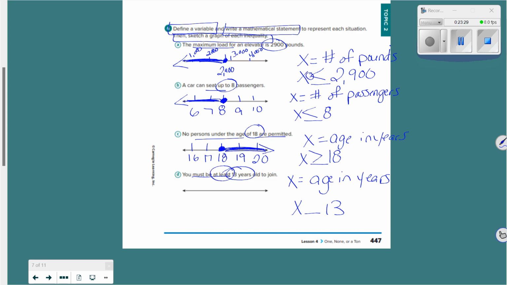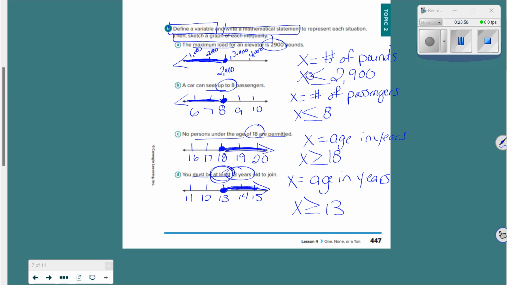Yes, at least means 13 is the lowest age you can be. Can you be less than 13? No. So it is greater than. So 13, 14, 15, 12, 11. Is my circle going to be open or closed? Closed. And I am shading to my right.